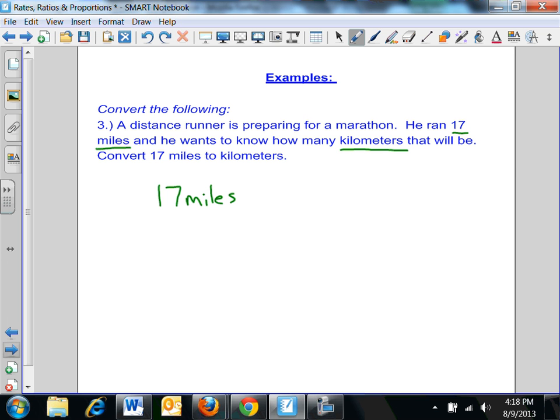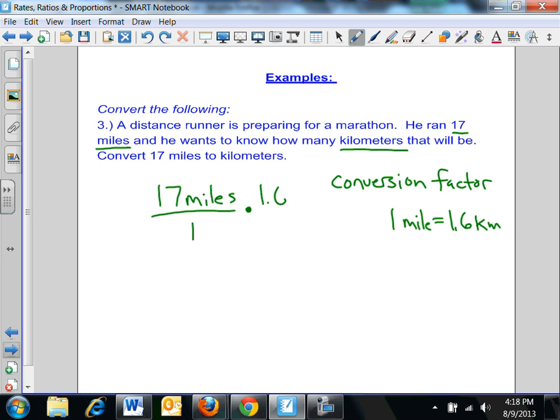So the conversion factor for this problem is, I'm going to write this down, 1 mile is equal to 1.6 kilometers. Okay, so what we're going to do is put 17 over 1 and multiply it by 1.6 kilometers over 1 mile.